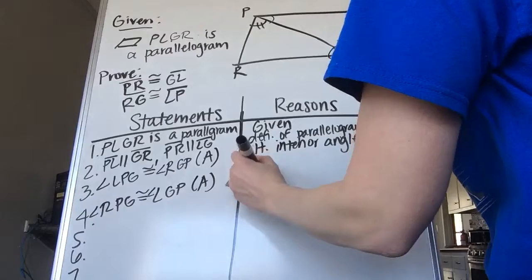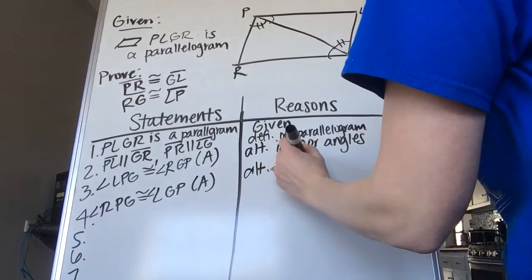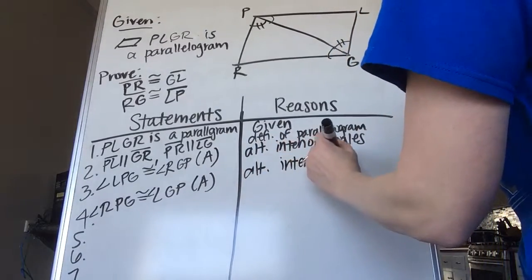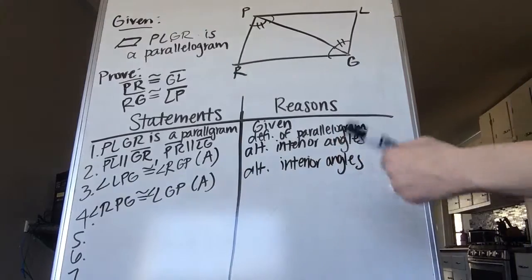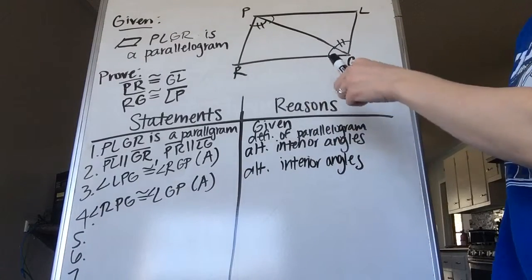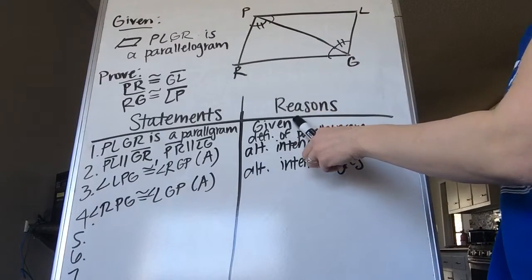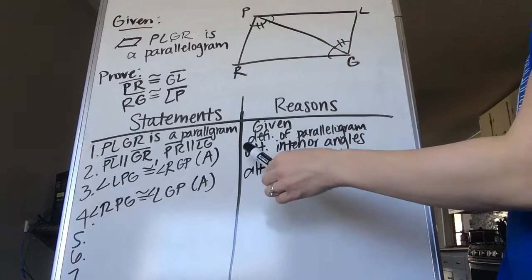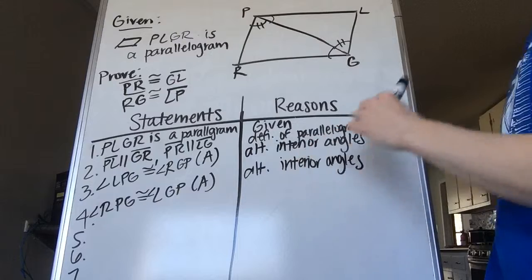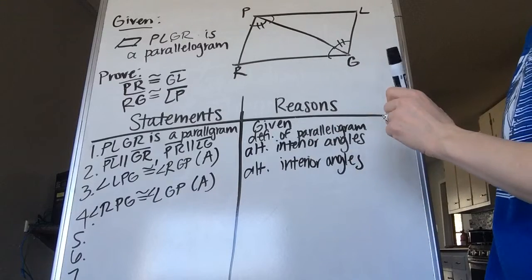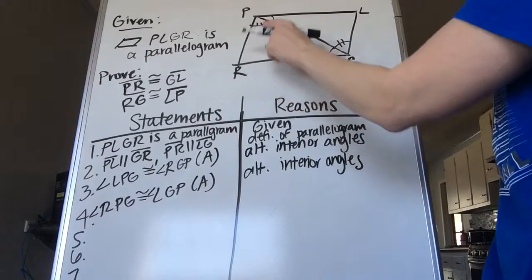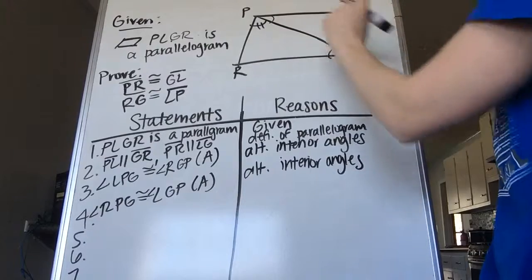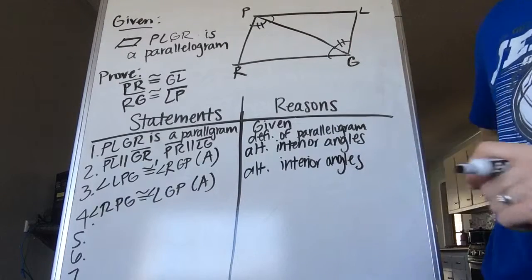And that's because they are also alternate interior angles. Remember, this is because those lines are parallel. We know that because we are given that this is a parallelogram. They're cut by this transversal, making those angles alternate interior angles. You want to make sure that you're doing the corresponding parts with each one. So RPG and LGP correspond to one another, so they're going to be congruent.